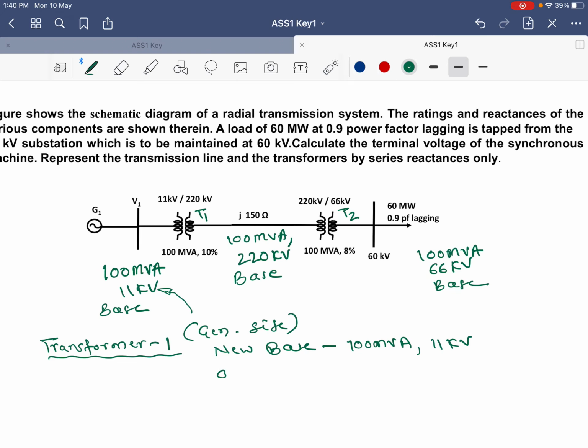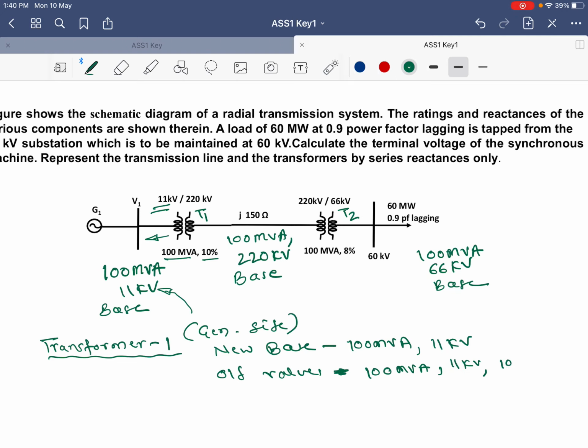Then the old values towards the generator side are: the voltage is 11 kilovolts, MVA is 100, reactance is 10%. That is, 100 MVA, 11 kV and 10%.